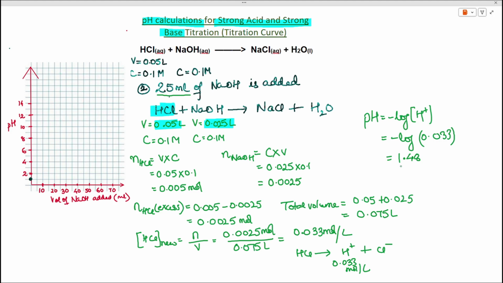So approximately it's 1.5. So this is the pH when we have added 25 ml of NaOH. So we'll go over here, and when 25 ml of NaOH is added, the pH is approximately 1.5.